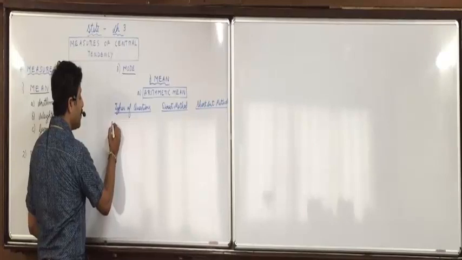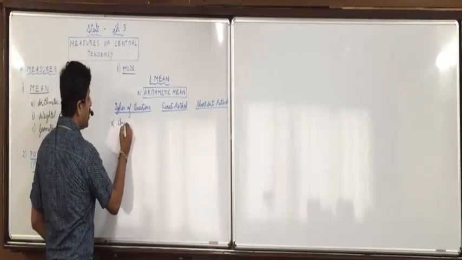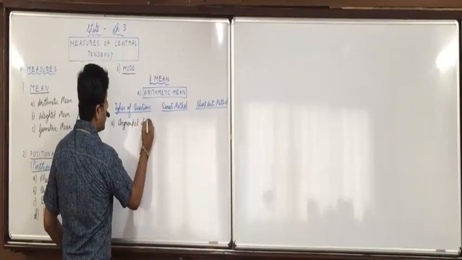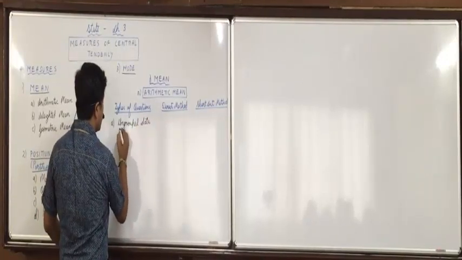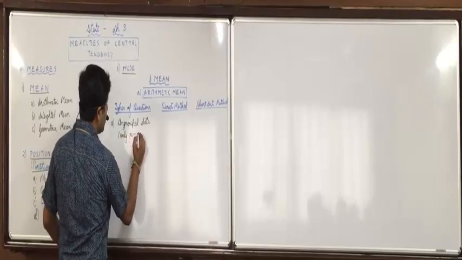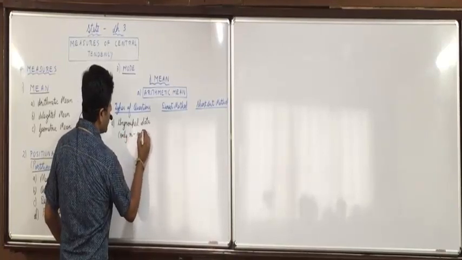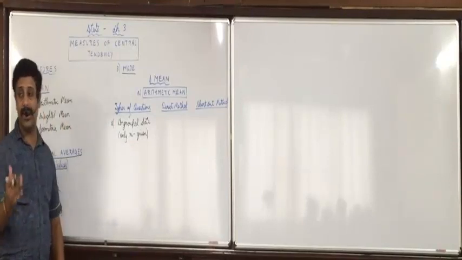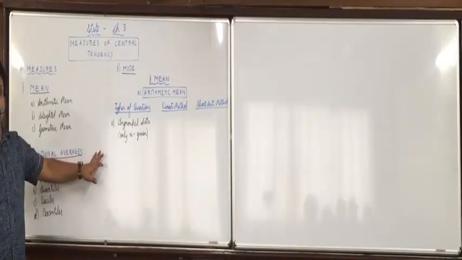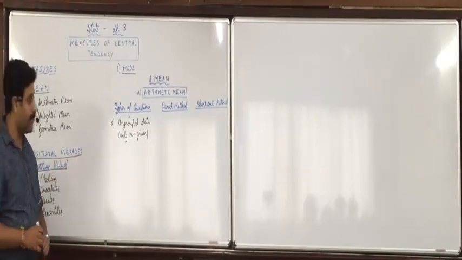One is ungrouped data. Ungrouped data means only observations will be given in the question. When you collect the data, it is haphazard, rough data. So it is called ungrouped data, where only observations will be given.